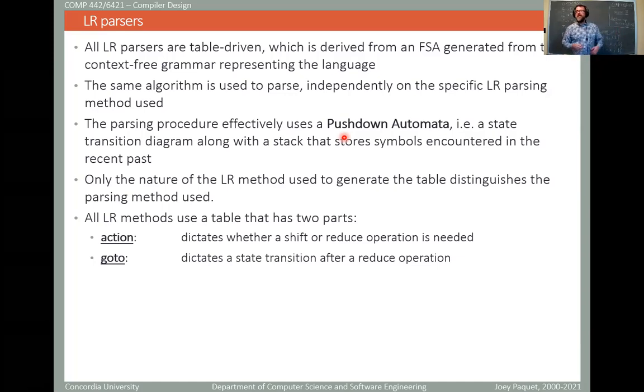Okay. So it needs to remember what is the recent history of the path that it took as it went over this FSA, so that it can actually go back a few steps, then start back at a certain point before, and then go in another direction until it reaches the final state.